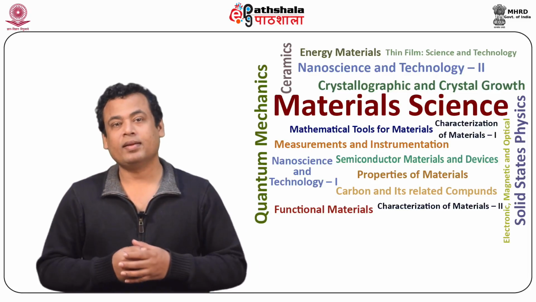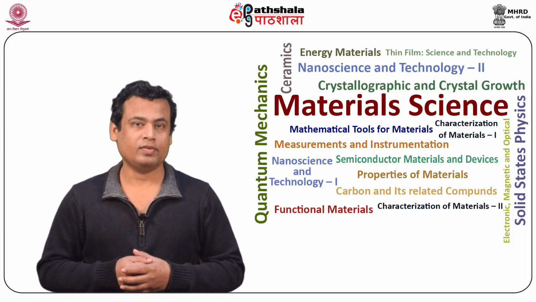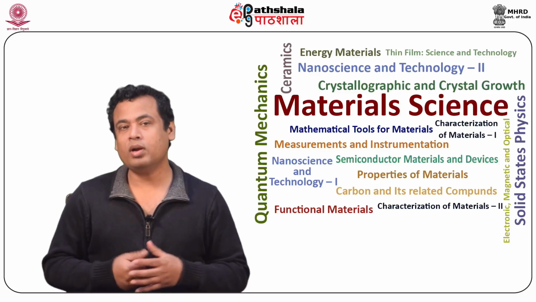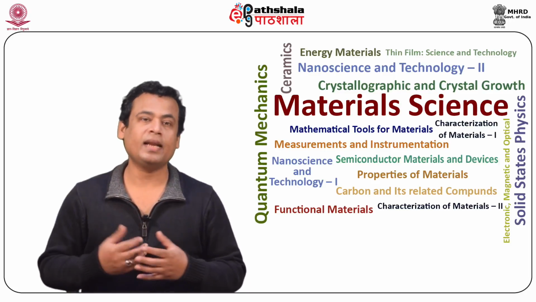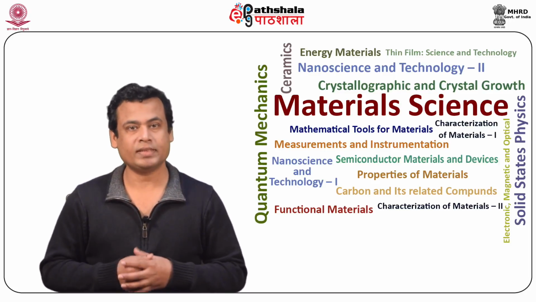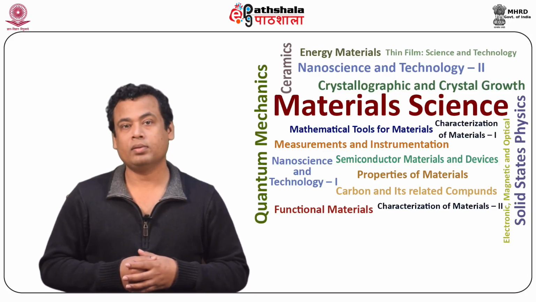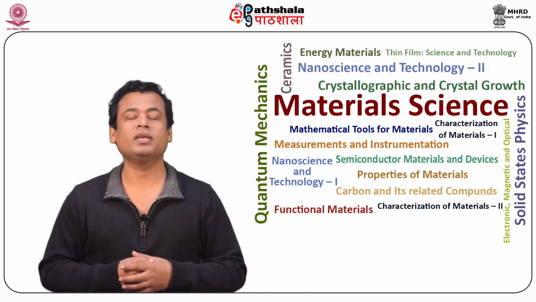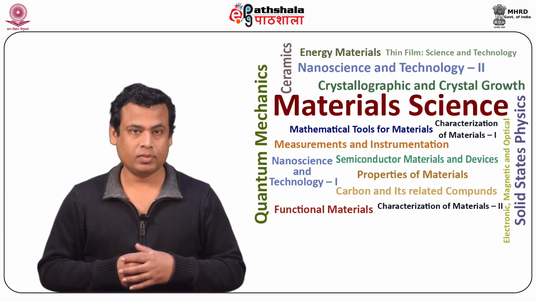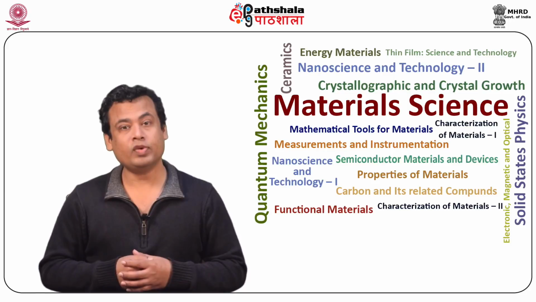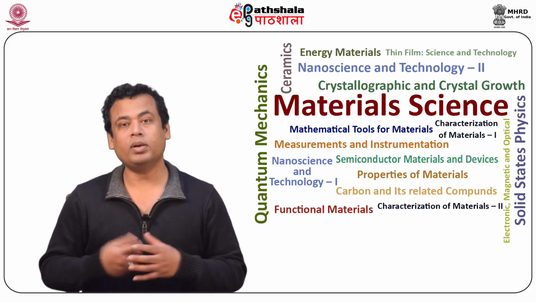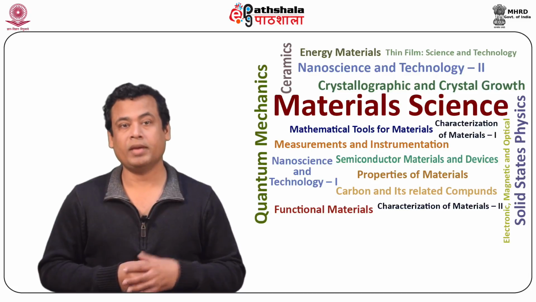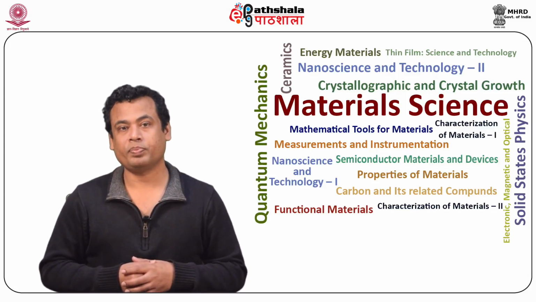So students, let us summarize what we have learned in this module. We have learned about the second harmonic generation process: when incident light passes through a nonlinear medium, new photons with frequency double the incident frequency can be generated.